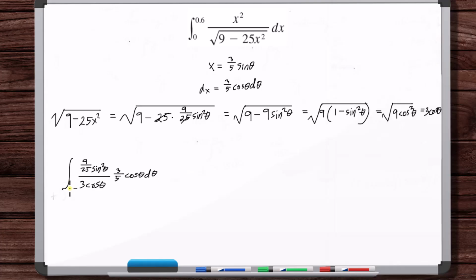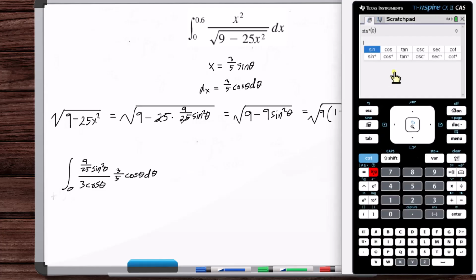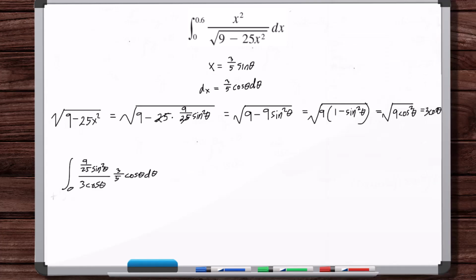Now 0.6 is 6/10, which is 3/5. So 3/5 is equal to 3/5 sine theta. So when is sine theta equal to 1? Pi over 2.